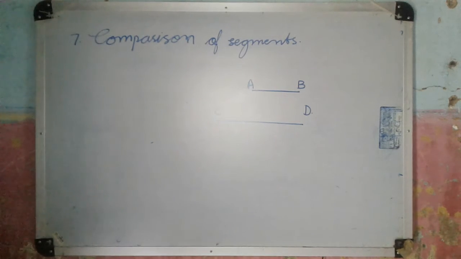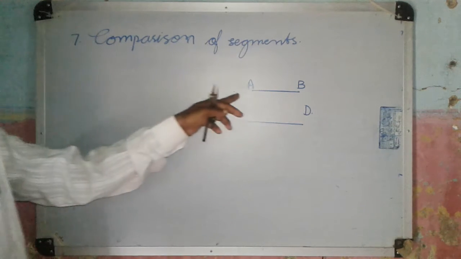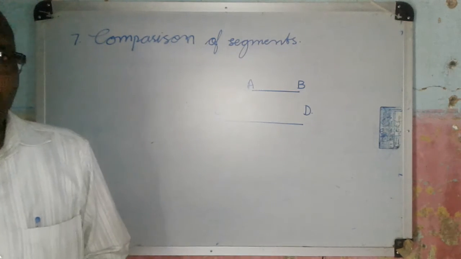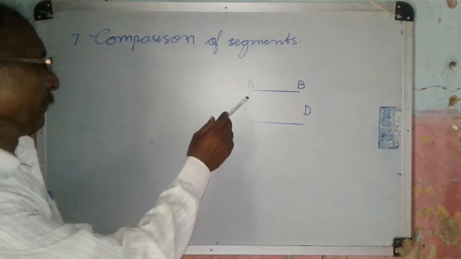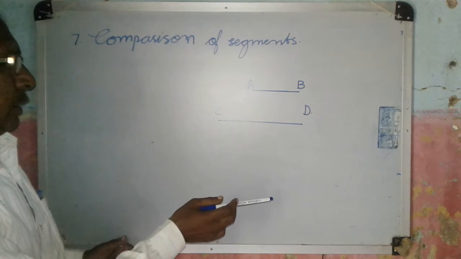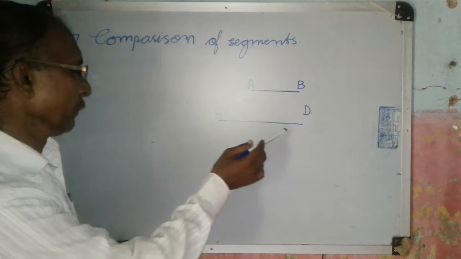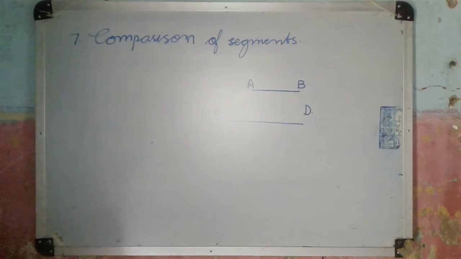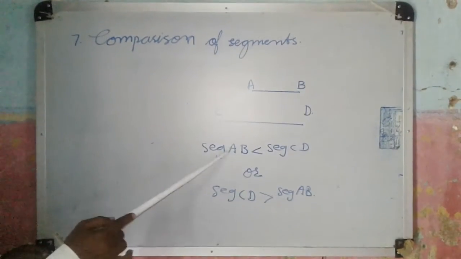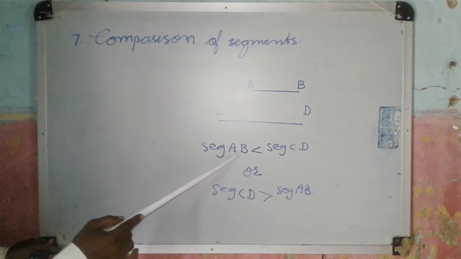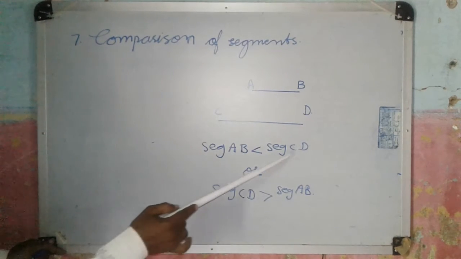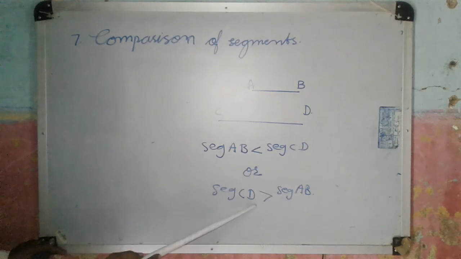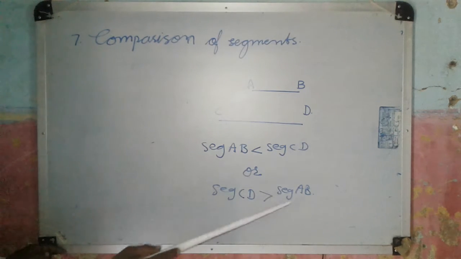Therefore, we can say that segment AB is less than segment CD. That means length of AB is less than length of CD. Therefore, we can write like this: segment AB less than segment CD, or segment CD greater than segment AB.